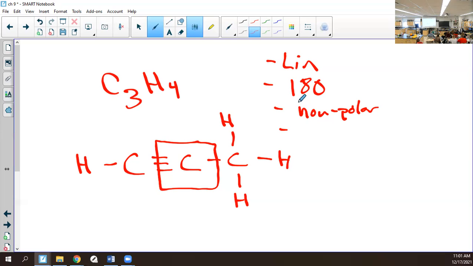Yep. Okay. Tell me this. Of bond A or B, which one is shorter? A. How come? All right, which one has a higher bond energy then? A. How many pi bonds? 2. How many sigma bonds? 6.